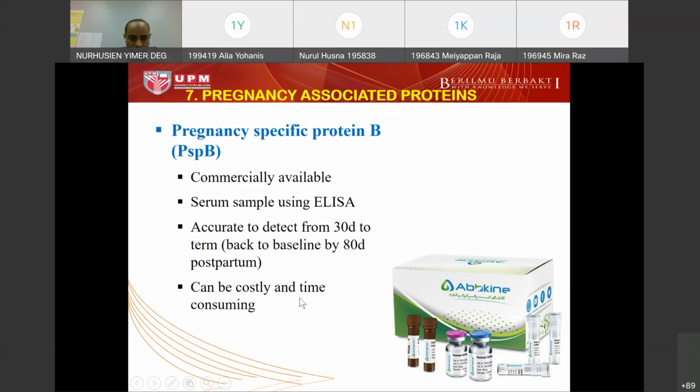So that is something we need to take into account. But at the same time, another major problem with this test is it can be very costly as well as time consuming, because you have to order the kit, and getting the kit will take a lot of time to be delivered to you before you analyze the sample.